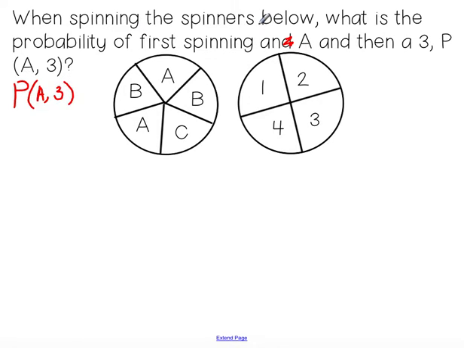Now you have a couple different options. You can use a tree, you can use the probability table, or you could make a list of the possible outcomes. Now this one seems like it could have quite a few possible outcomes, so I think I'm going to go with the table.